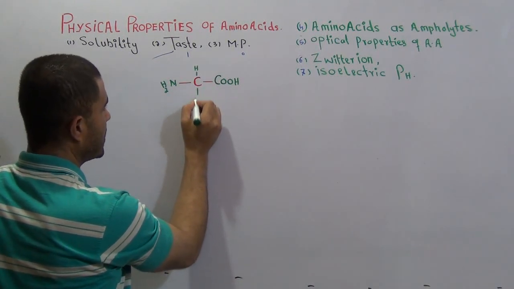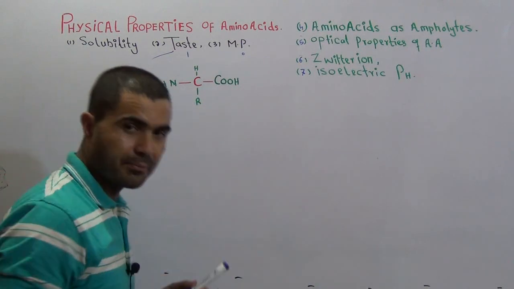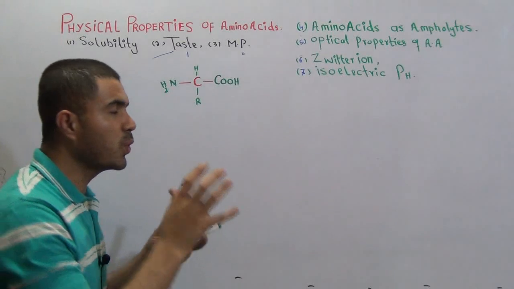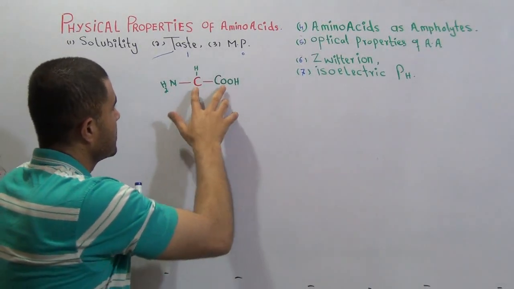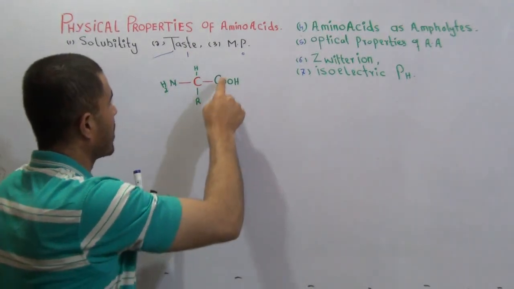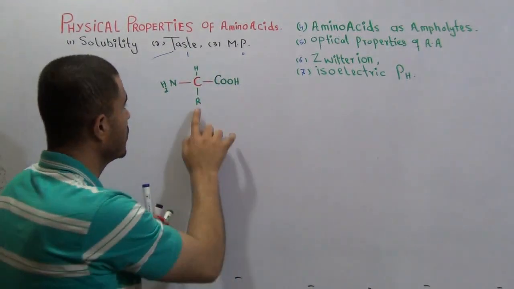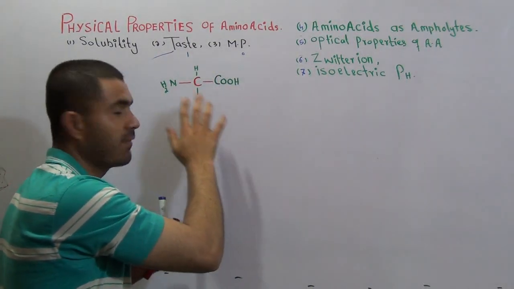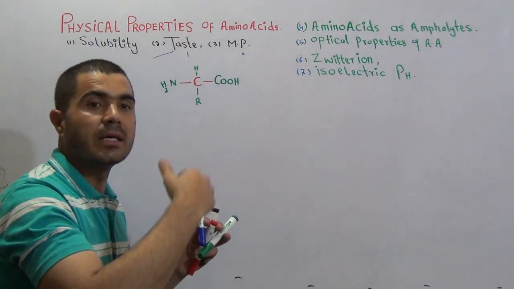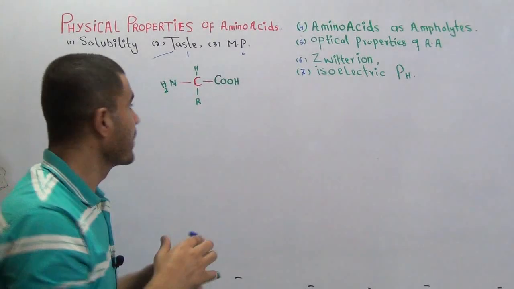There will be a hydrogen and a variable group R. This is the general structure of the amino acid, and today we will discuss these 2 groups. Our whole lecture will be around these 2 groups only, so there is no need to focus on R because we have already discussed R in the initial topics of this protein chapter.